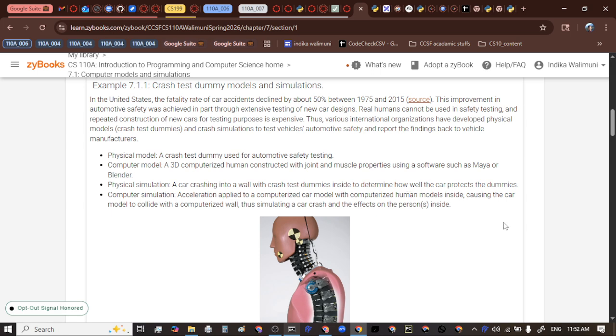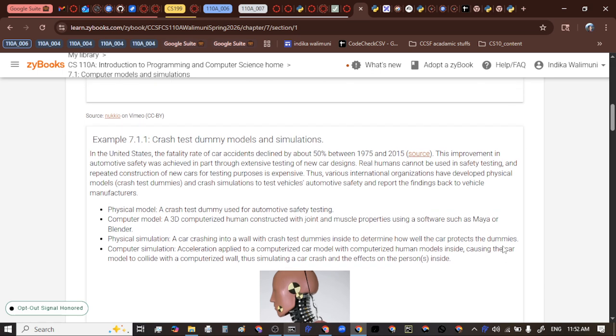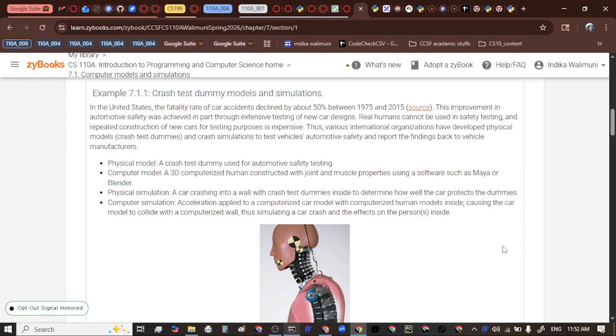Imagine, and also sometimes impossible. For example, the Big Bang, right? There's no way to test it out, because it's already happened. So there's no way to do an experiment of the Big Bang. So you can actually simulate the Big Bang, let the simulation run and collect data.